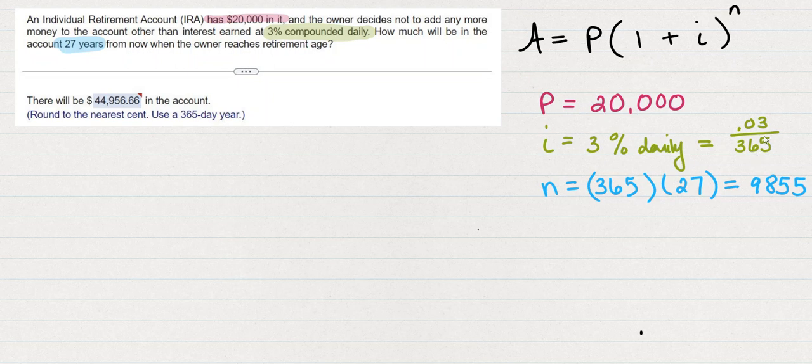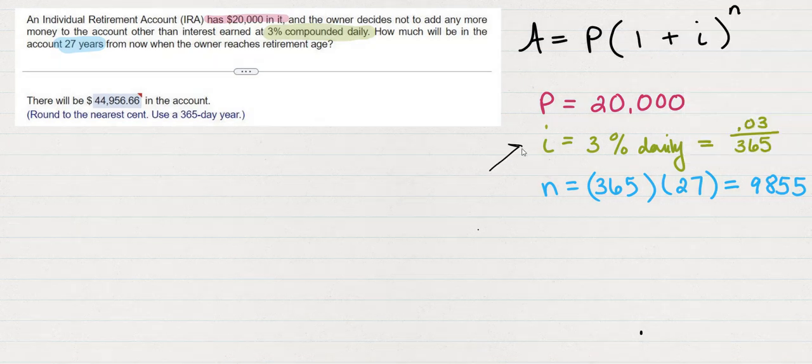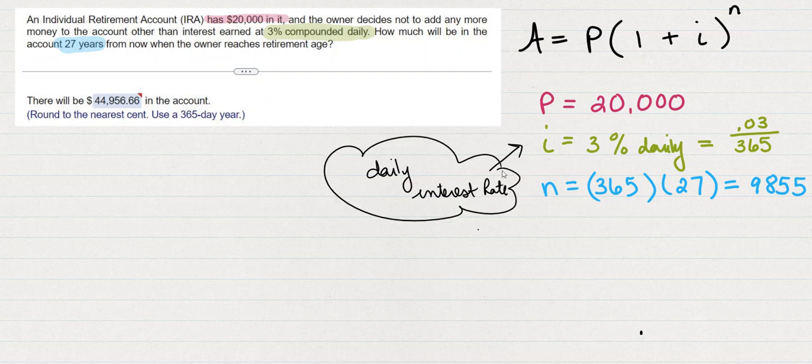So this 3/100 divided by 365 is now going to be our daily interest. Let me specify daily interest rate, right? That 3/100 divided by 365 is our daily interest rate.